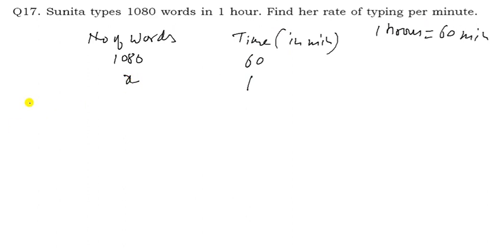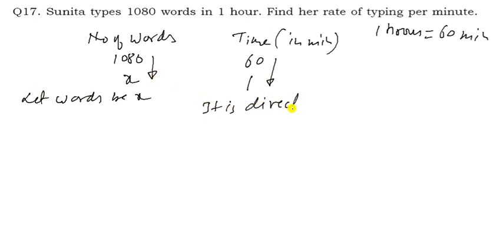Let it be x. So let words be x. So both are in direct variation. So you can write it is direct variation. Why is it direct variation? If you have a large number of words, you want a large time, and that is a long time. So you can see here it is direct variation.